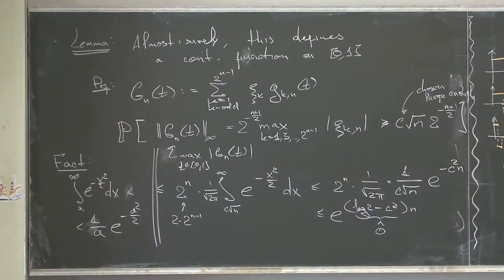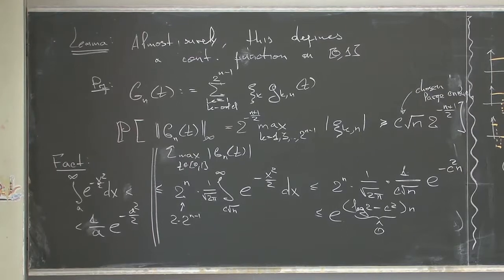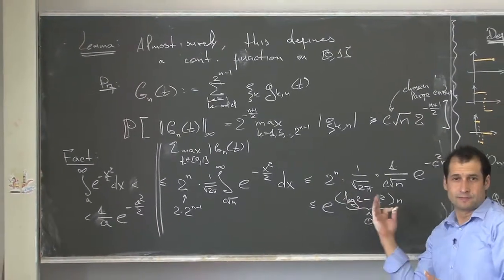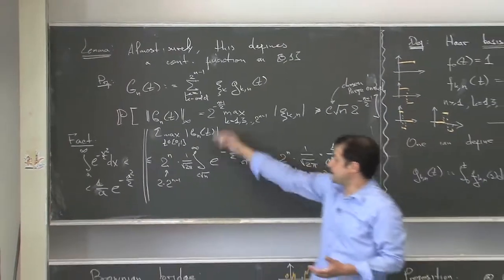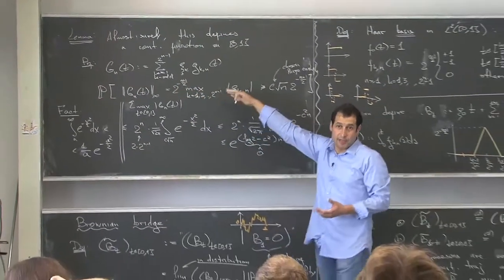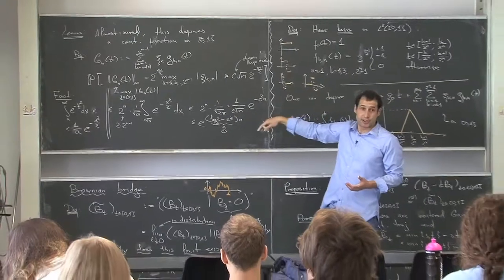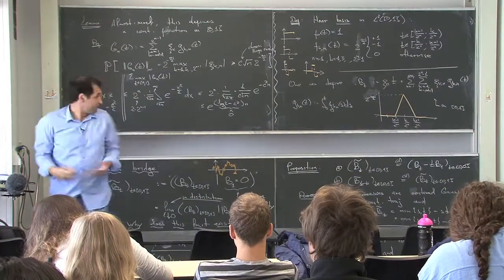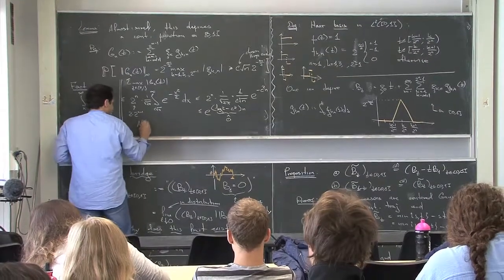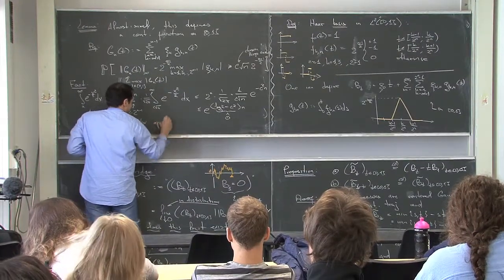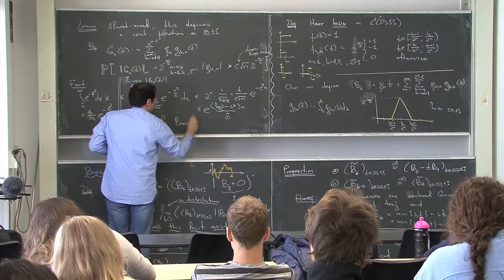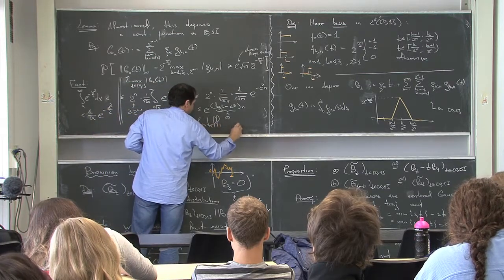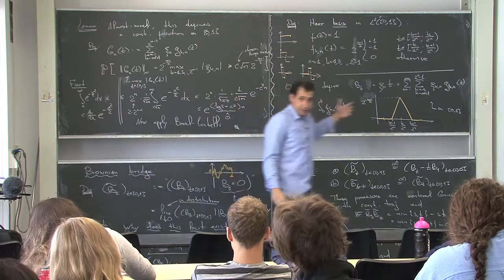And if it's negative, then there is no problem because I'm in a position to apply Borel-Cantelli. I have some bad events, and the probability of them decays exponentially. Because of that, only a finite number of them can occur. And the proof is finished as before.